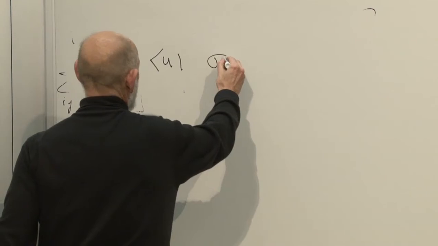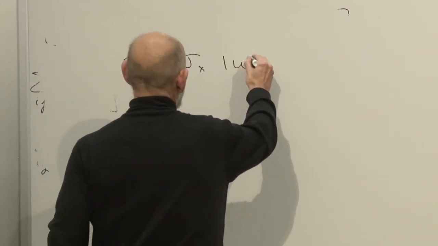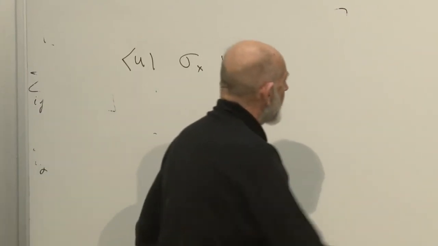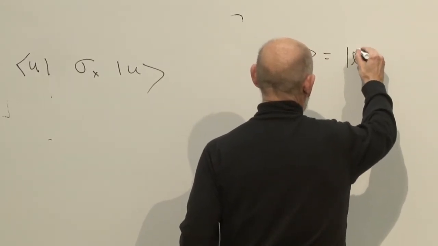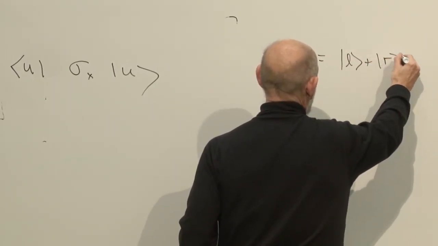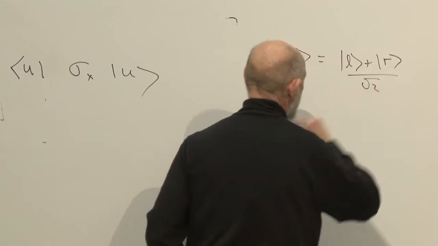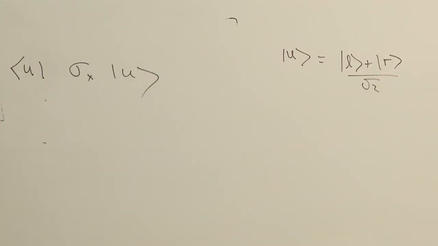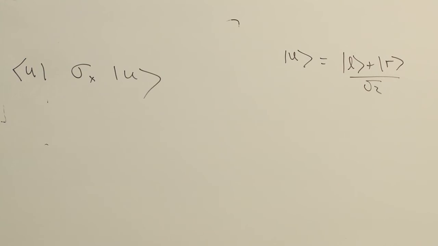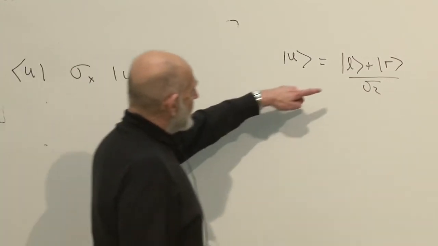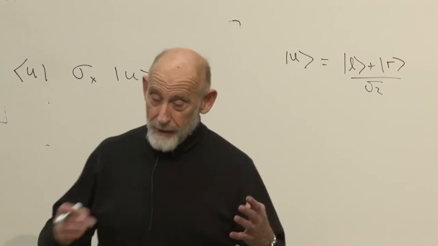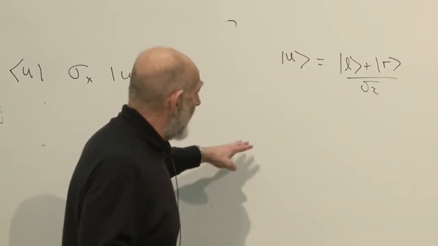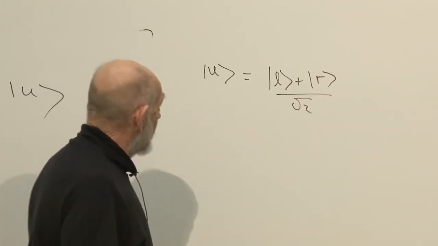Up, sigma x, up. Now what we have to know is that up is equal to left plus right over the square root of 2. You remember that? We originally defined left and right to be up plus or minus down over the square root of 2, but then we can solve for up and down in terms of left and right.